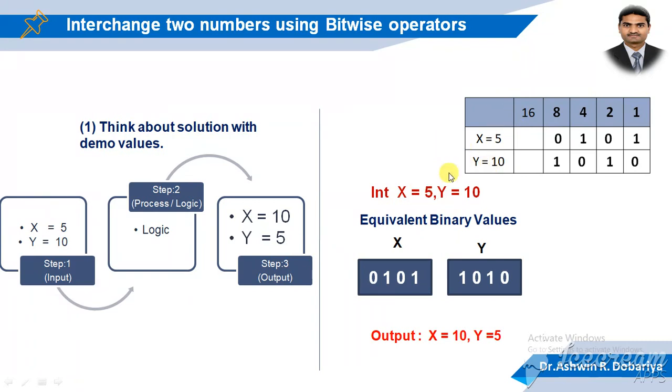Okay, 5 and 10 are decimal values, but first of all the compiler internally converts these decimal values into binary digits, which means bits. I am explaining the very shortcut method of how we can convert any decimal value into binary digits. A binary digit is either 0 or 1.